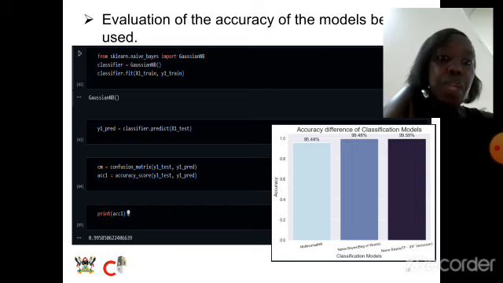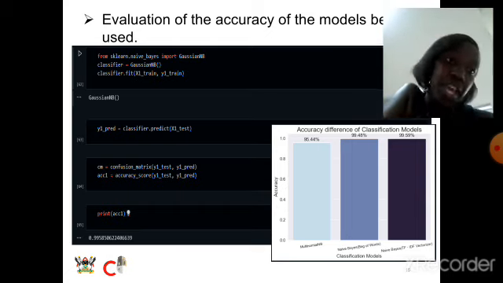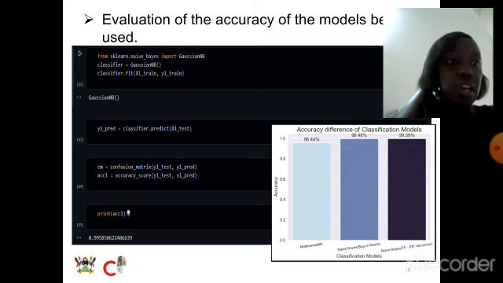Here we are going to calculate the accuracy of each model, and the graph that we are seeing here in the corner compares the classification accuracy percentage of the models.